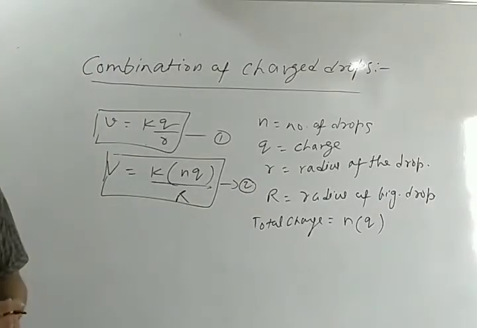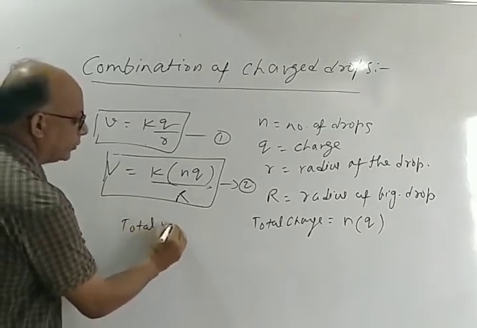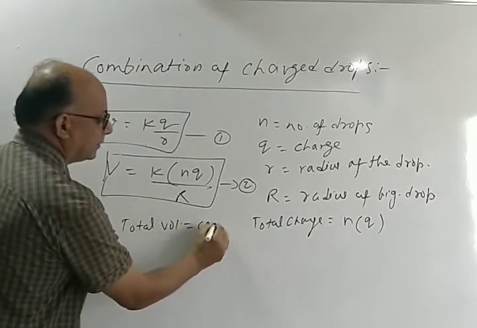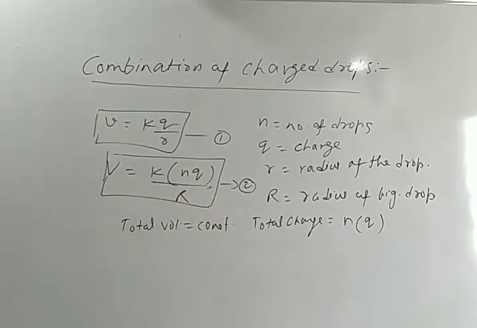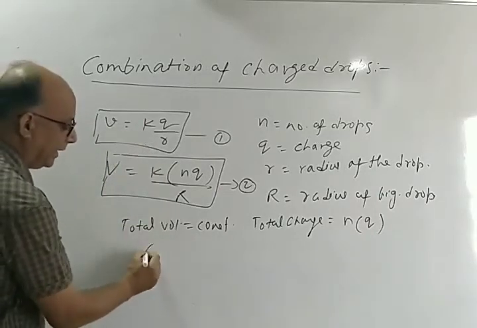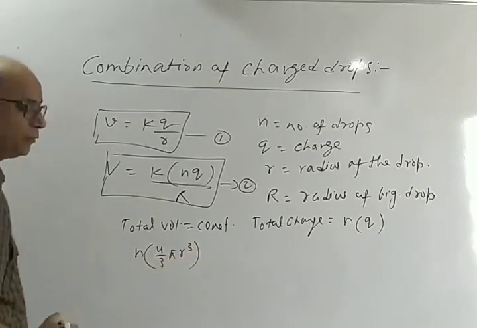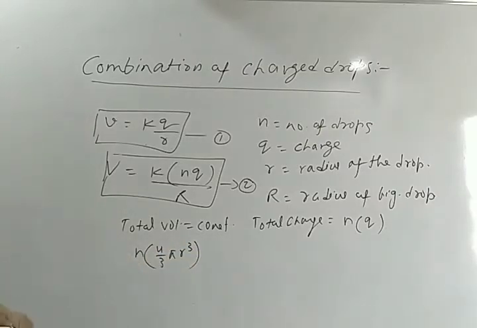What will be this radius? It's very simple. It's a mathematical calculation. Total volume is not going to change. That is constant. So the total volume of n drops is equal to n times 4 by 3 pi r cube. This is the volume of one drop multiplied by the number of drops.